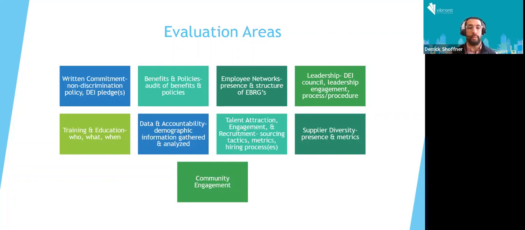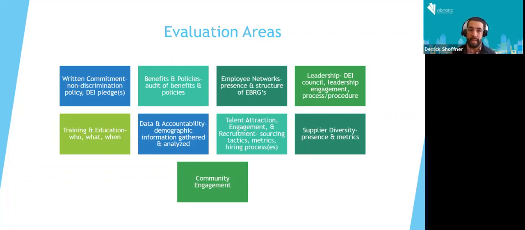So written commitment assesses in a binary sense, yes or no, your non-discrimination policy. Do you have one? In addition to the elements that are incorporated within that non-discrimination policy. The same applies to diversity, equity, and inclusion pledges that have been signed by your chief executive officer or leadership within your respective organization. Have they been signed?